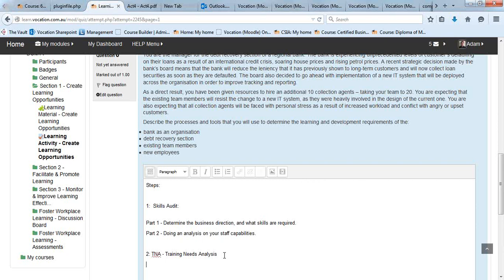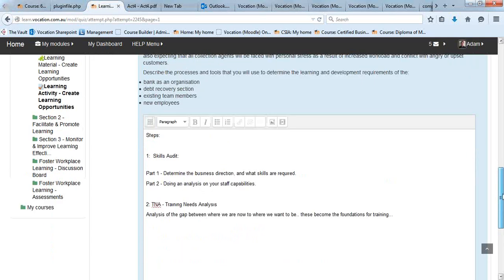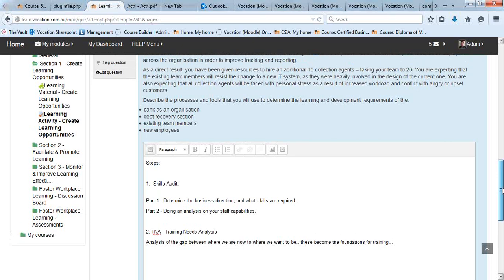And that's a really simplified version of what a training needs analysis is. If you've ever conducted one before, they are incredibly detailed documents. And if you work for a very big organisation, this is a very strategic process to help you look at strategies for developing your team members.